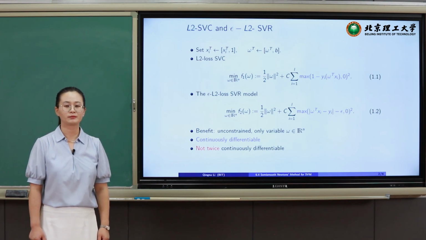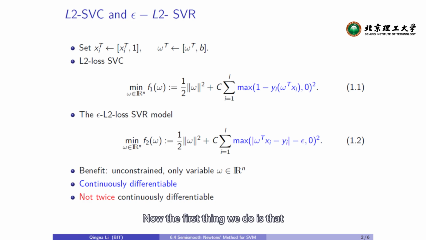Okay, so now the first thing we do is that we add the variable x to one dimension higher. We set x as (x, 1), so we add one dimension to the observation x. And then the variable we are looking for, omega, also has one extra component, b.